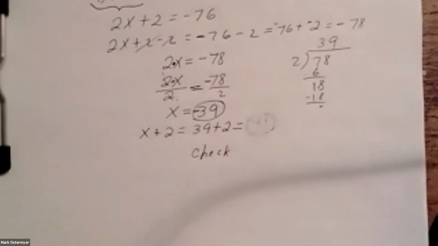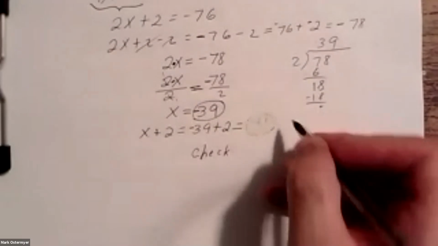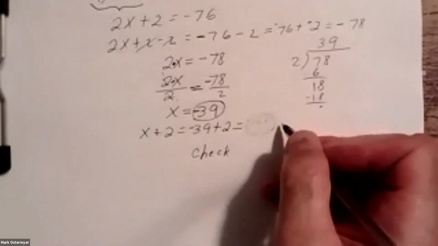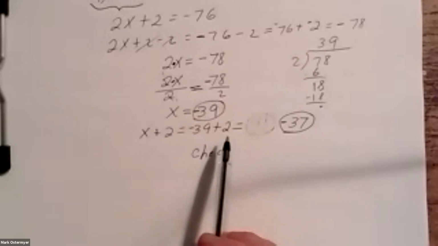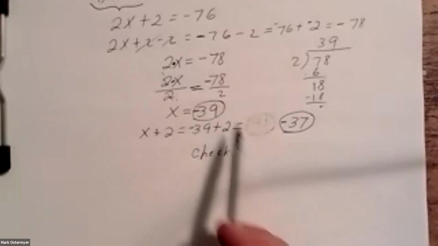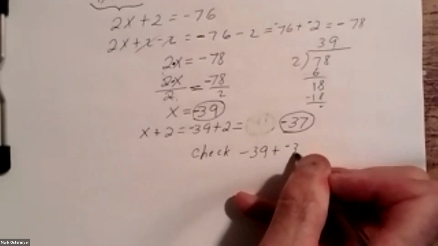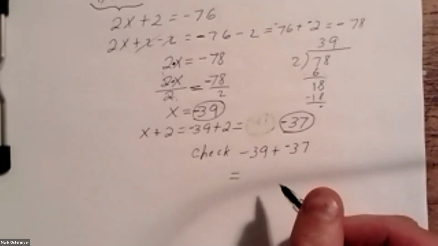All right, so if our odd integer x is negative 39, the next consecutive odd integer is going to be negative 39 plus 2. Then what's negative 39 plus 2 now? Negative 37. So those should be your two consecutive odd integers, and they must sum up to what? If we were to check our answer, they better add up to, what did they have to add up to?